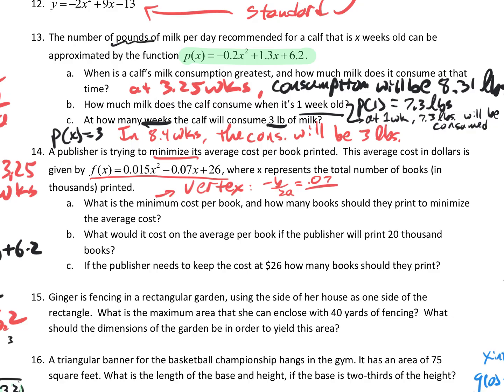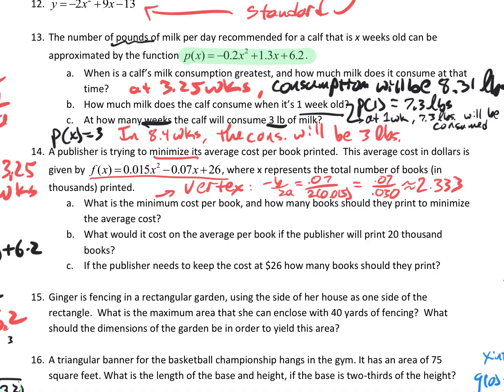There's our b value. So the negatives will cancel out. B over 2 times a, 2 times 0.015. All right, that's 0.07 over 0.030. And if we calculate that out, 0.07 divided by 0.03, that is 2.3 repeating.